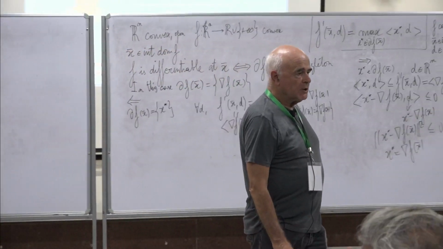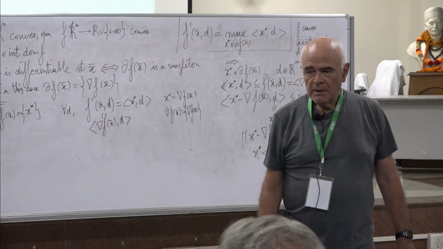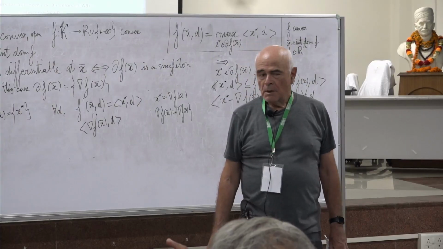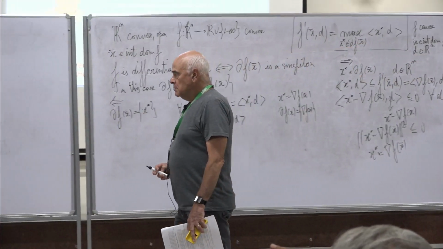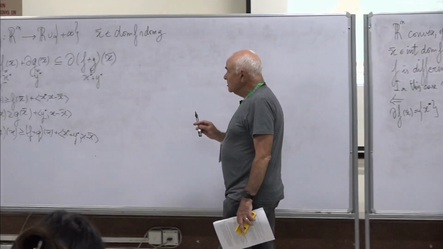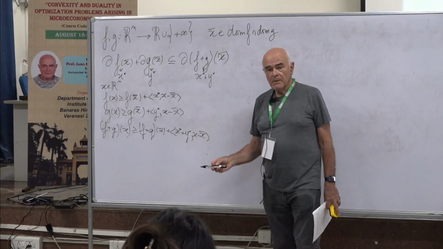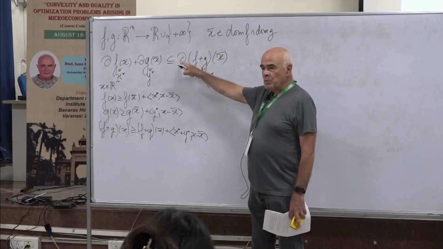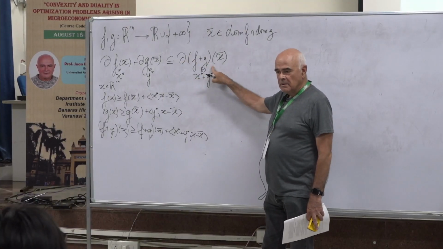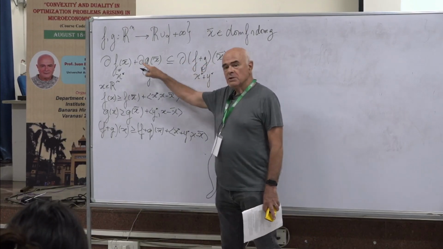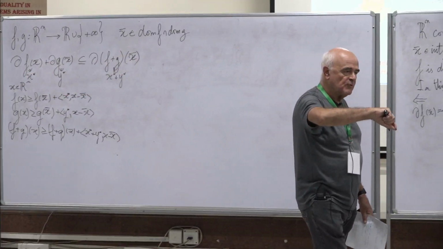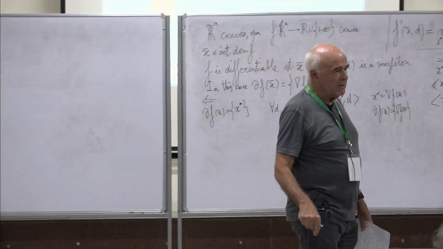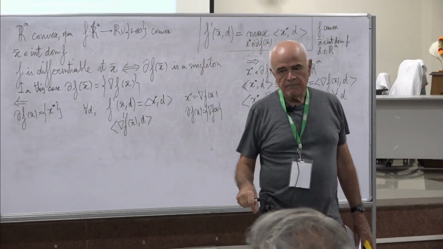What about the opposite inclusion? Is it true? Often, but not always. Notice that the opposite inclusion cannot be so simple, because we have to prove that every element here can be decomposed as a sum of one element in the subdifferential of f and an element in the subdifferential of g.